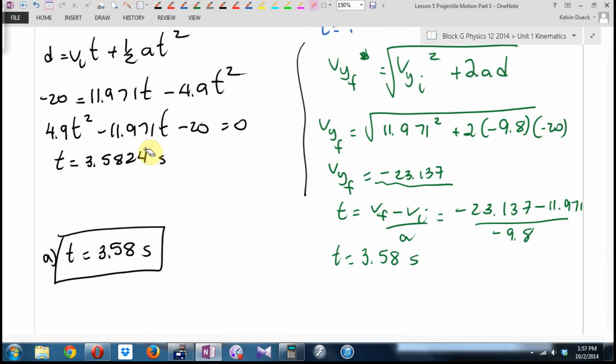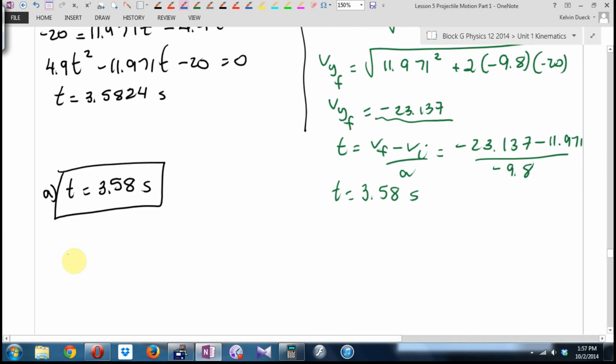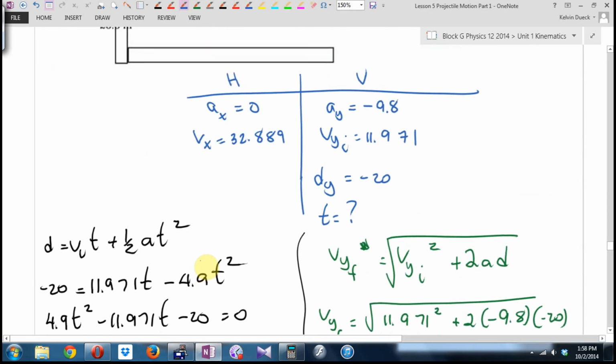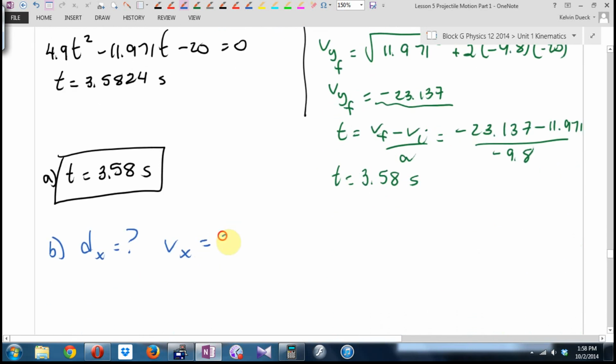What did part B want me to find? Oh, that's dx. Well, I know Vx. That was 32.889. I know Ax.